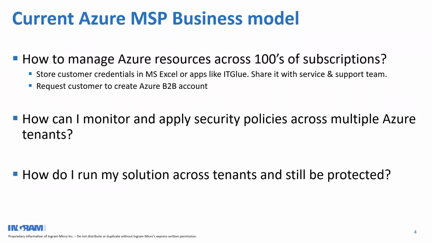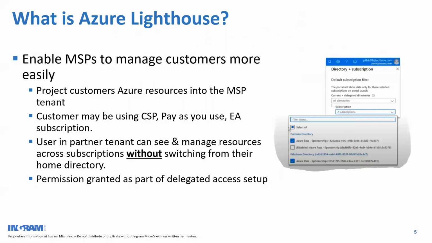So, how do you provide your IP, your solution to the customer, but still have the management control of these solutions with you? These are some of the questions that a lot of MSPs have today and are looking for a viable solution, and that is where Azure Lighthouse was introduced.